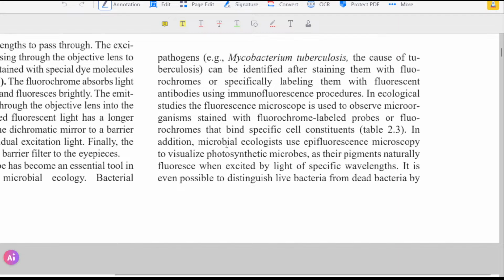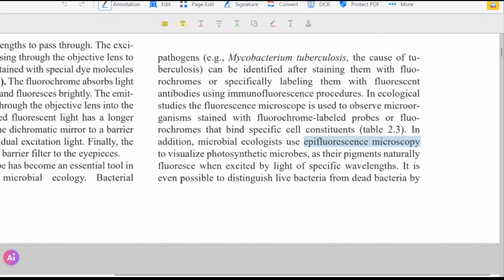So in addition, microbial ecologists use epifluorescence microscopy to visualize photosynthetic microbes, as their pigments naturally fluoresce when excited by light of specific wavelengths. Alright, so they are saying we use epifluorescence microscopy even if we don't use fluorochromes. The natural pigments in them actually produce fluorescence of specific wavelengths.